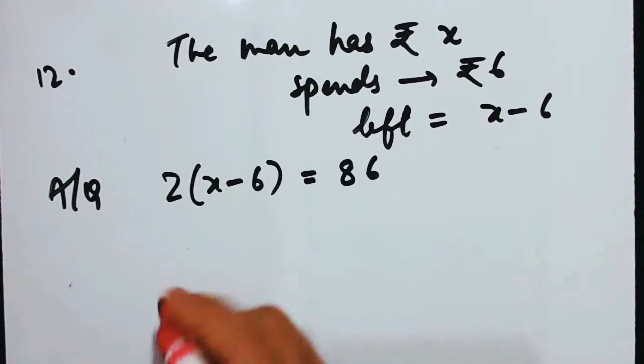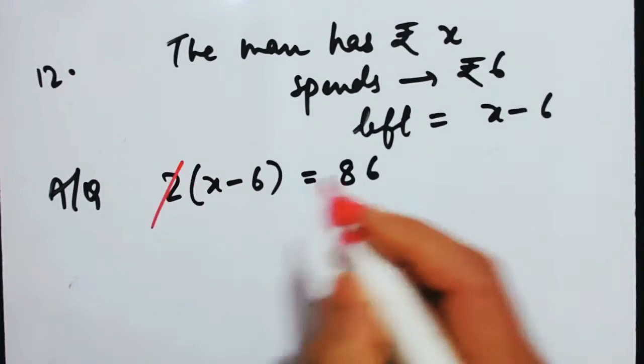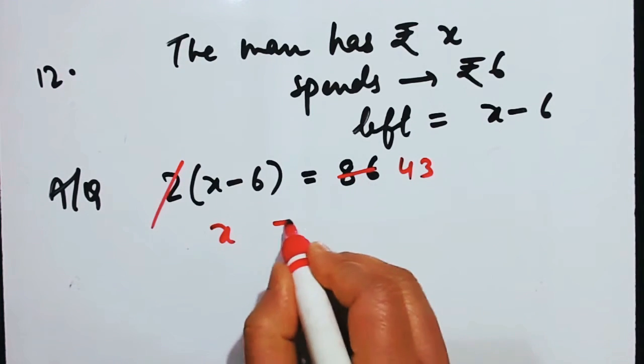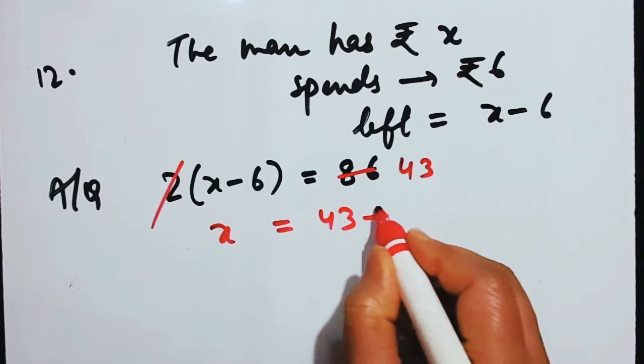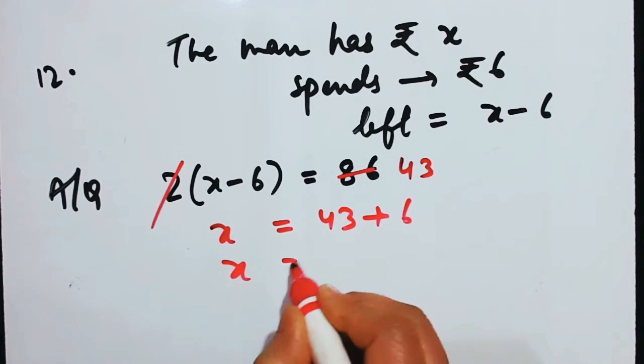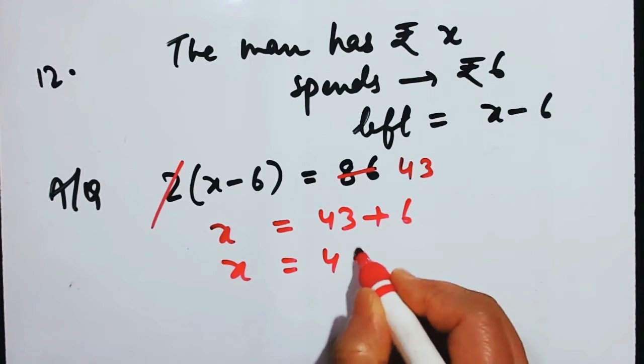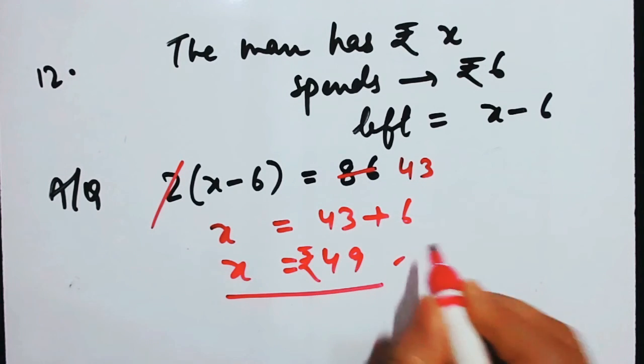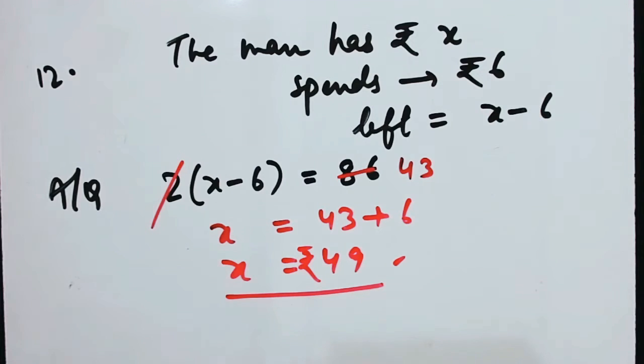Cancelling here, 2 into 43, therefore X will be equal to 43 plus 6. X is equal to 49 rupees. This means that the man had rupees 49 in the very beginning.